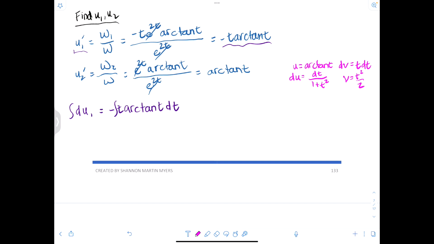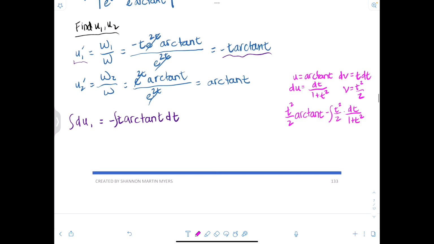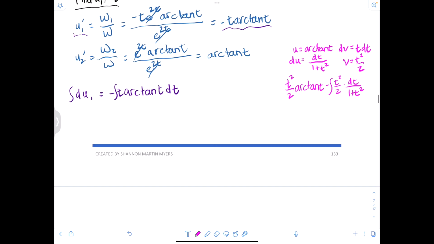So now my integral is going to be, remember it's u times v, right? So u times v will give me t squared over 2 times arc tangent of t minus the integral of v du. So t squared over 2 times dt over 1 plus t squared. And oh, what fun! Within this, we get to do long division, right?